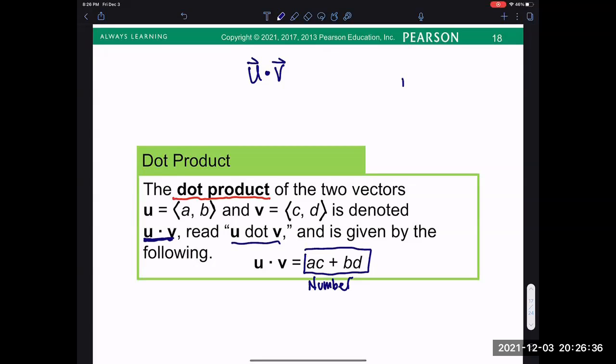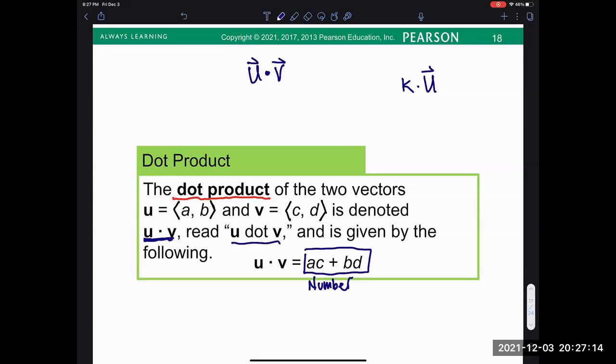We had a scalar number times a vector, in which you just distribute the k to the components of the vector, to a and b in this case. So that's a scalar times a vector, and you get a vector. But when you do a dot product of a vector and another vector, and it kind of looks like multiplication, you end up with an actual number. You end up with a scalar value, not a vector, like a 5 or a 7. And this little formula tells you how to get it.